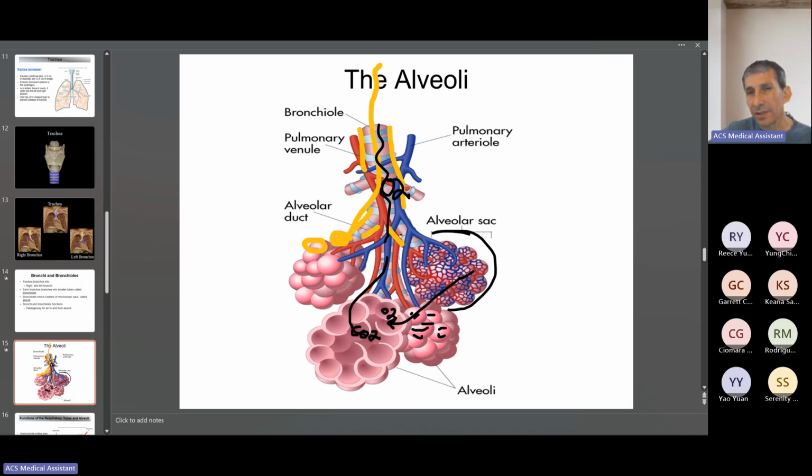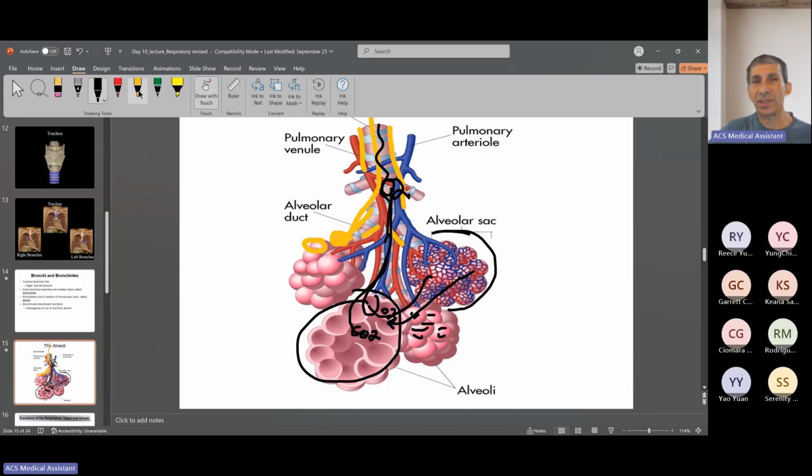And the oxygen is going to be right in this sac and it's going to go to the membrane of the sac to the blood vessels. Remember, all this is covered with blood vessels. So that's basically how it goes. And this is called the alveoli, where gas exchange takes place.